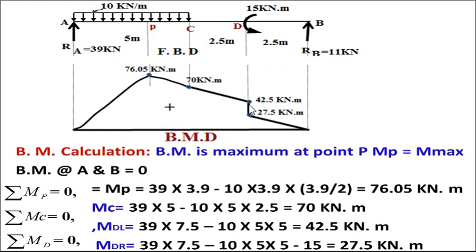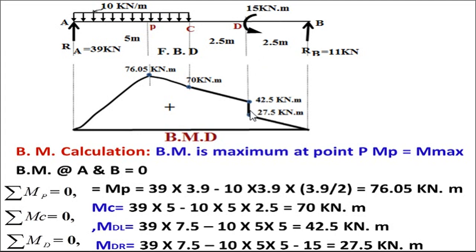And then at this point, whenever you get this 42.5, now there is a moment. If you want to locate the next point, it is 42.5 minus the anti-clockwise moment. Because if you take moment from A, you will get the clockwise moment of 42.5, and from here it is anti-clockwise moment, it will be 27.5.